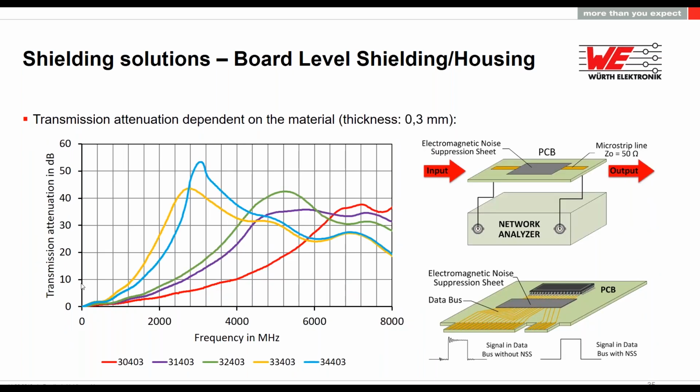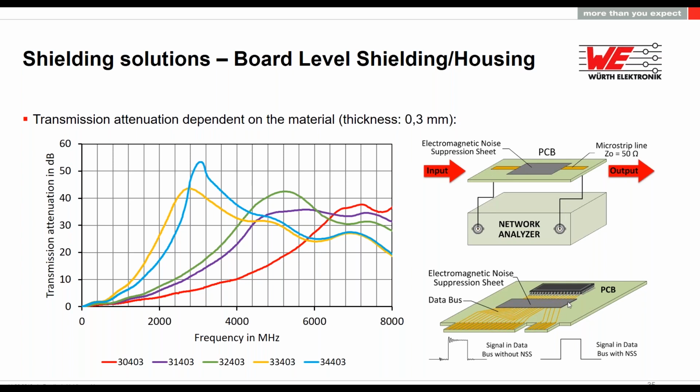Here we have some graphs about transmission attenuation. So this is the way of measuring it. We have a microstrip line. So we have a low impedance connection, 50 ohms microstrip line, and we place the material on the top. This shows the filtering ability of the material, as we can see here.